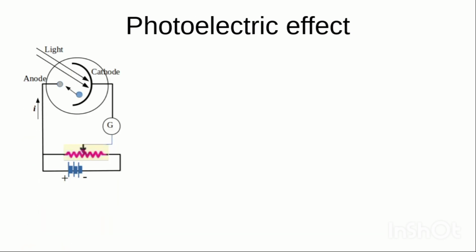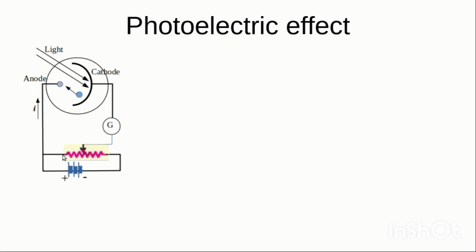We have the anode at this point, and the cathode. There's a chamber that is filled with vacuum, and we have our voltage source, our rheostats, and a galvanometer that measures the current that flows through the system.